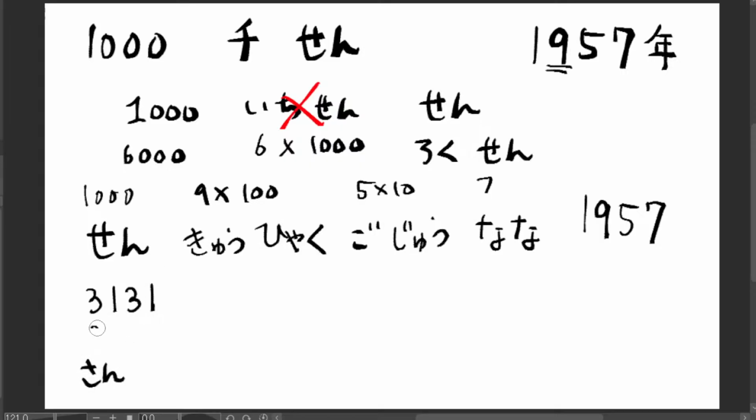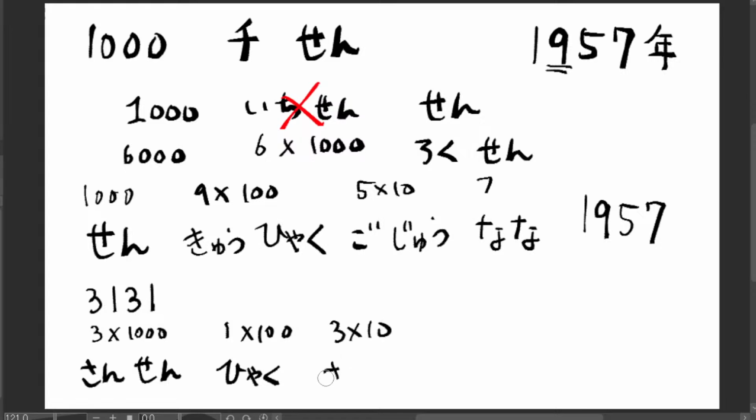This is 3 times 1,000, so san sen. Then for 100, you don't say ichi hyaku, you just say hyaku. And then we have 3 times 10, sanju. Then we have 1, ichi. So you read it as sansen hyaku sanju ichi.